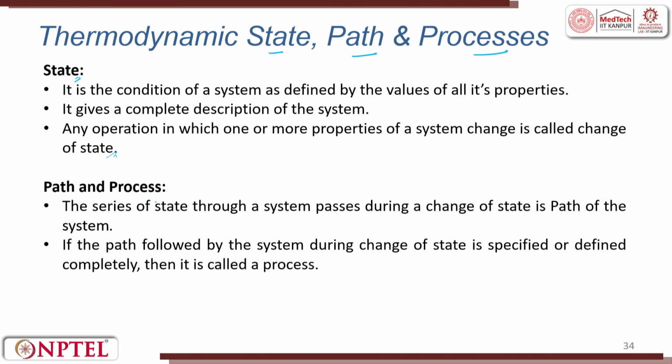Path and process: a series of states through which a system passes during a change of state is the path of the system. If the path followed by the system during the change of state is specified or defined completely, then it is called a process. So, for example, solid to liquid.